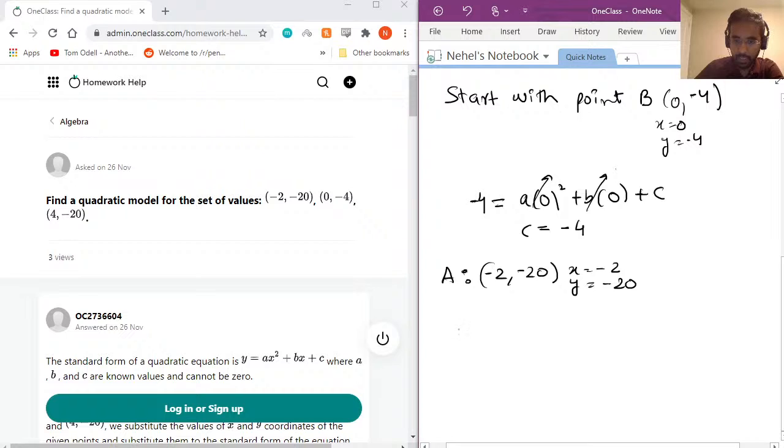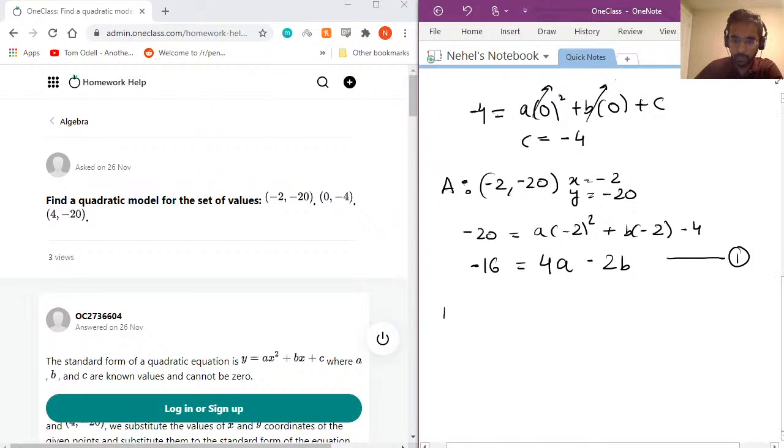So when I plug it in here, I would get negative 20 is equal to a times negative 2 squared plus b times negative 2 plus c. C is equal to minus 4, so that's minus 4. Taking the minus 4 to the other side, it becomes plus 4, and we get negative 16 is equal to 4a minus 2b. So that's our first equation which we got in terms of a and b.